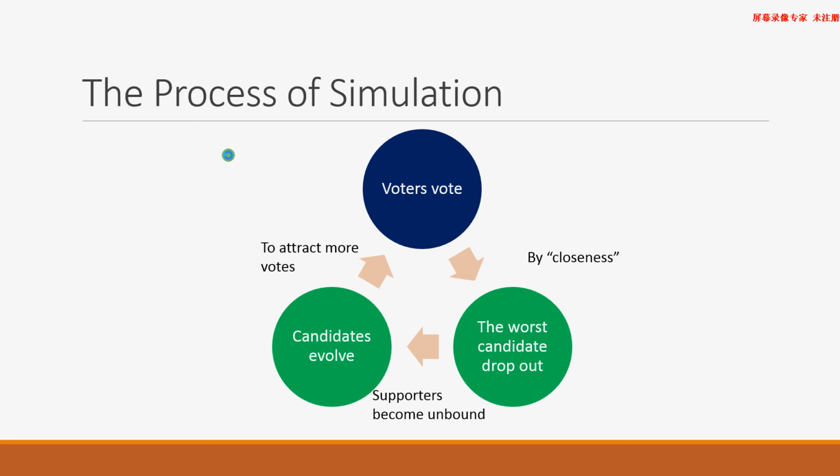Then the rest of the candidates change their stances on certain issues, which just means changing their ideology vector to attract more votes. After that, voters vote again. The cycle stops when there is only one candidate left, and he will be the winner of the election.